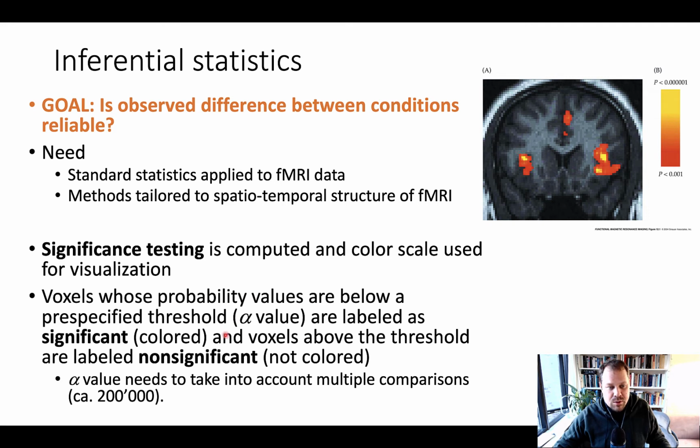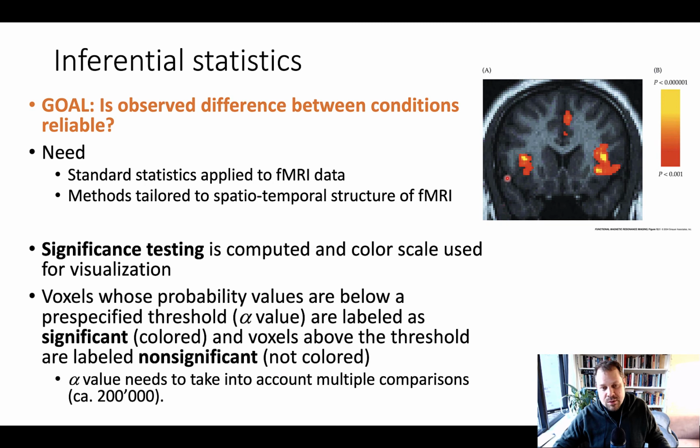The threshold is called an alpha value, and voxels are labeled as significant, so they're colored in with different colors representing the magnitude of the p-value. And voxels above the threshold are labeled as non-significant, so they're not colored.